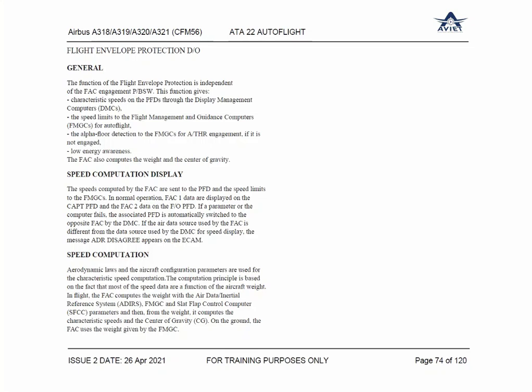Speed computations are basically a function of the aerodynamic laws of the aircraft configurations. The computation principle is based on the fact that most of the aircraft speed is calculated on what basis? The speed is calculated based on the weight of the aircraft, correct?